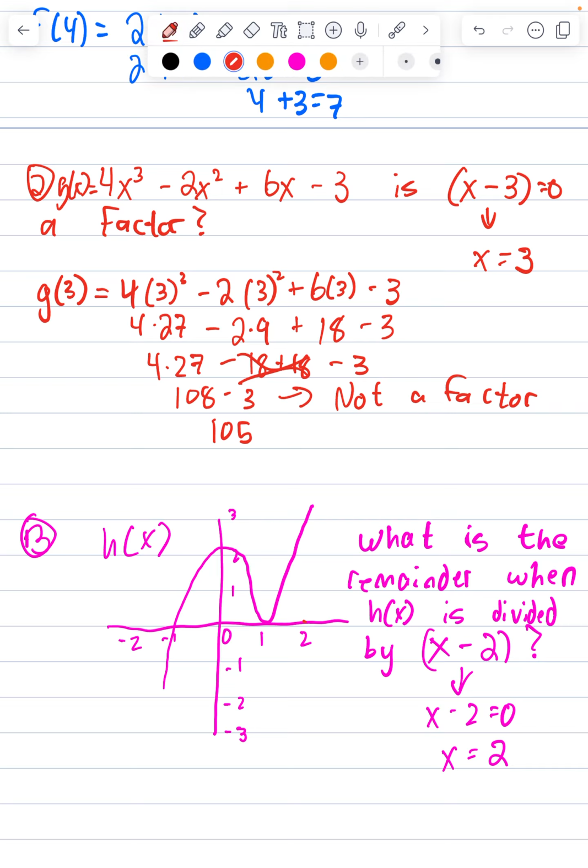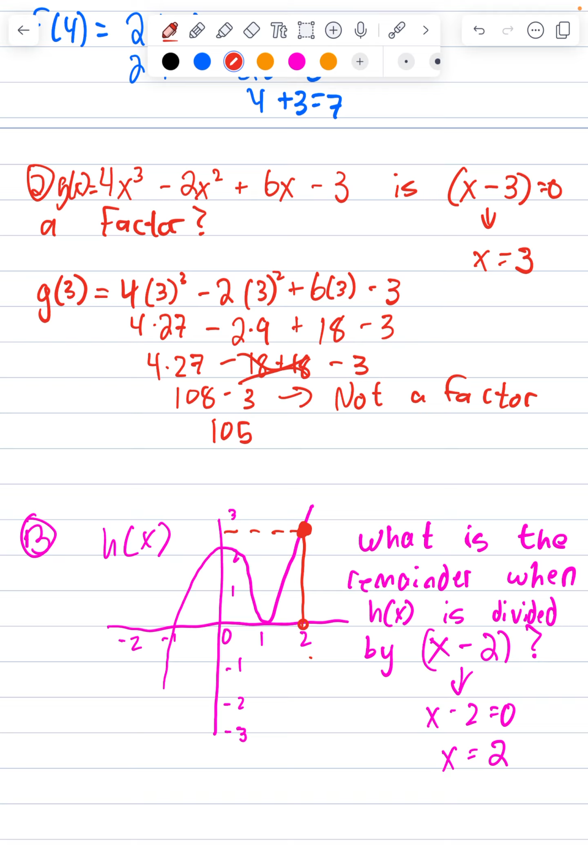Now it's asking for the remainder, so I go all the way up to here. The y output here is the remainder. On the graph, you can see the remainder as the output y when you look at the coordinates.